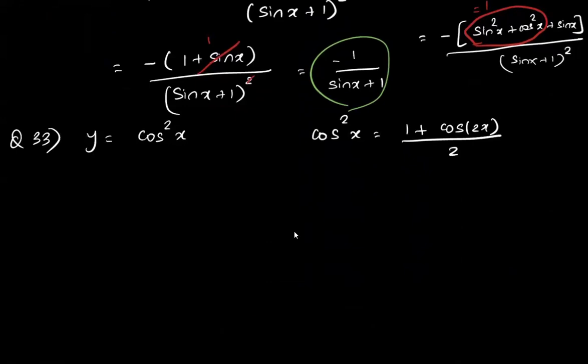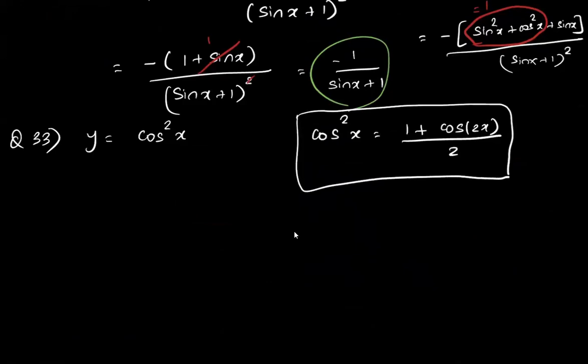Okay, so in this problem, you're asked to find the derivative of y equals cosine squared x, but we haven't done chain rule yet, so you have to use an identity, okay? What is the identity that I'm going to use here? The identity is that cosine squared x can be rewritten as 1 plus cosine 2x over 2. This is a double angle identity.